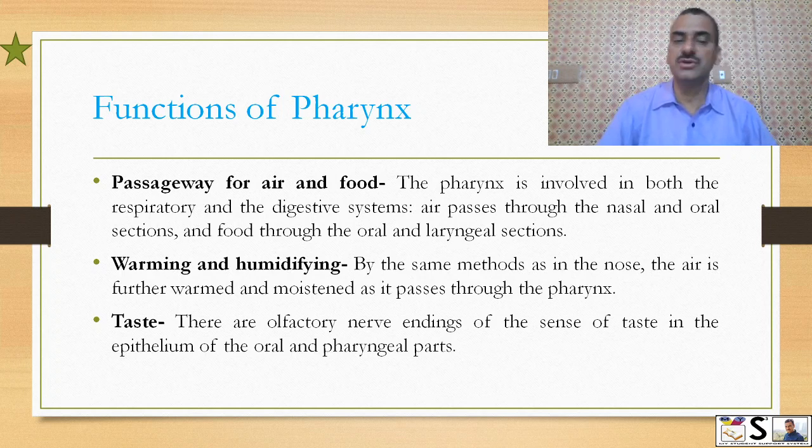The second function is warming and humidifying. By the same method as in the nose, the air is further warmed and moistened as it passes through the pharynx. Taste: there are nerve endings for the sense of taste in the epithelium of the oral as well as pharyngeal parts.